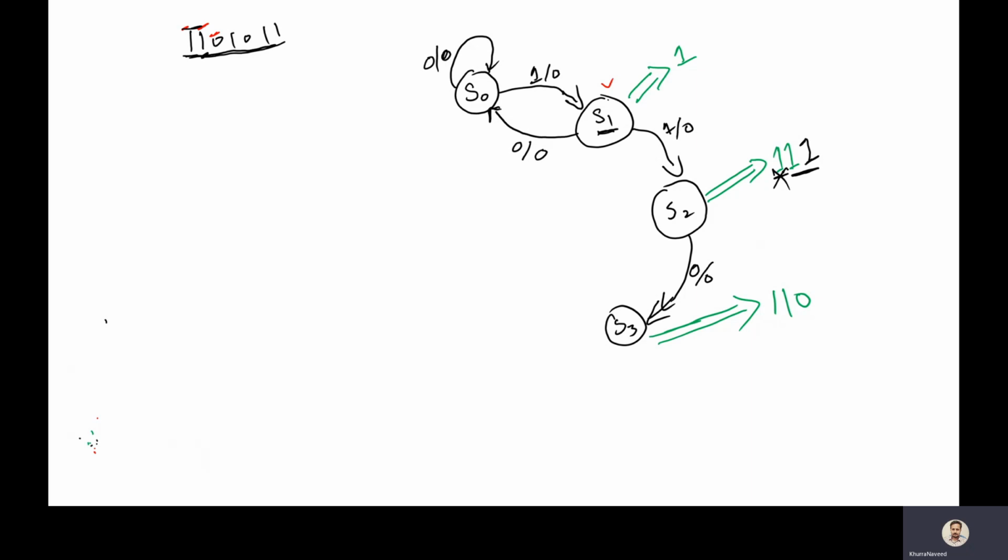In order to do that, we need to stay at S2. So if we are at the present state S2 and the input is 1, we need to stay at S2, or not change anything.